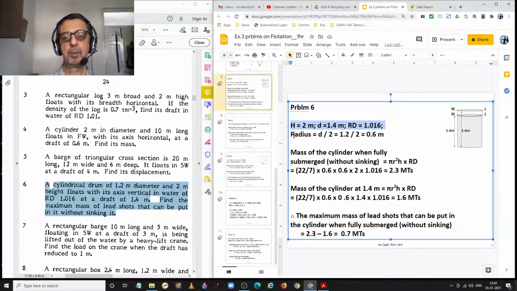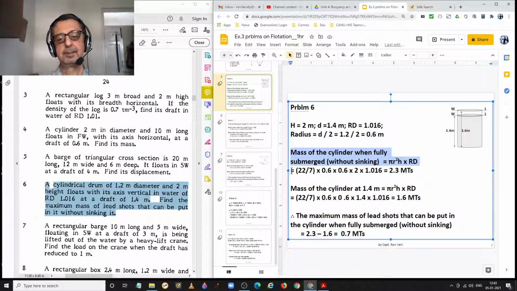Diameter is 1.2, thus the radius is equal to 0.6 meters. Mass of the cylinder when fully submerged, that is without sinking, is equal to pi r square h multiplied by the relative density.